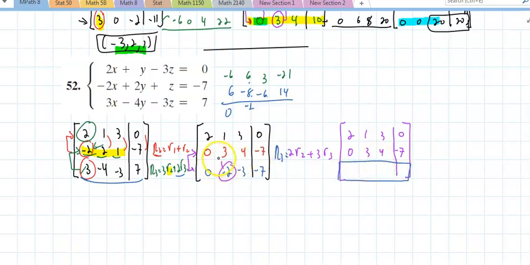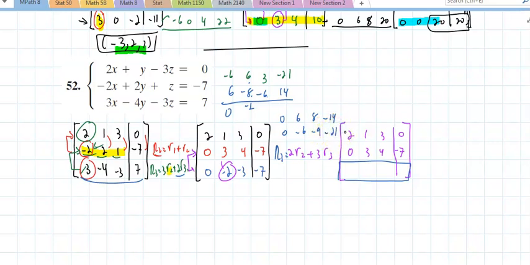If I multiply the top by a 2, that's 0, 6, 8, and 14. Is that right? Yeah. And the bottom by 3. I'll get a 0, a negative 6, a 3, negative 9, and negative 21.